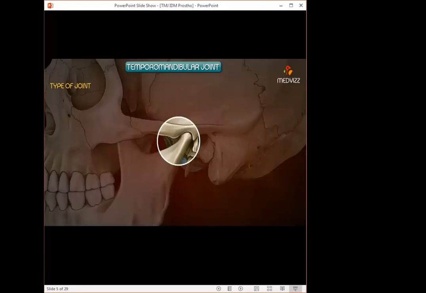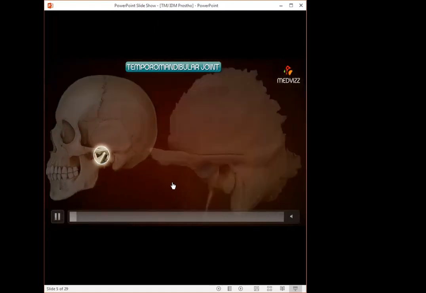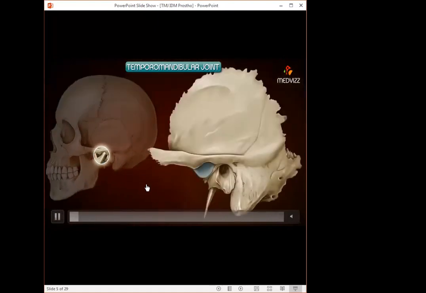If you are going to see the TMJ in closer view, I told you it contains the articular disc, articular fossa, and the mandibular condyle. As I said, it is a synovial joint of the condylar variety.